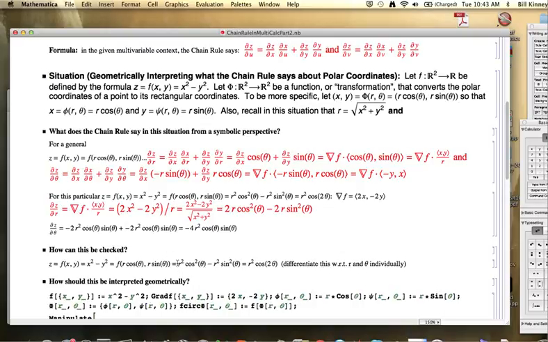If you look at this expression especially, if you differentiate that with respect to r, think about it, treat theta as a constant, you are going to get this expression right there. And if you differentiate it with respect to theta, keeping r as a constant, initially you'll get this, but then it can be simplified to that. So you do get the same thing either way, so that's checking it.